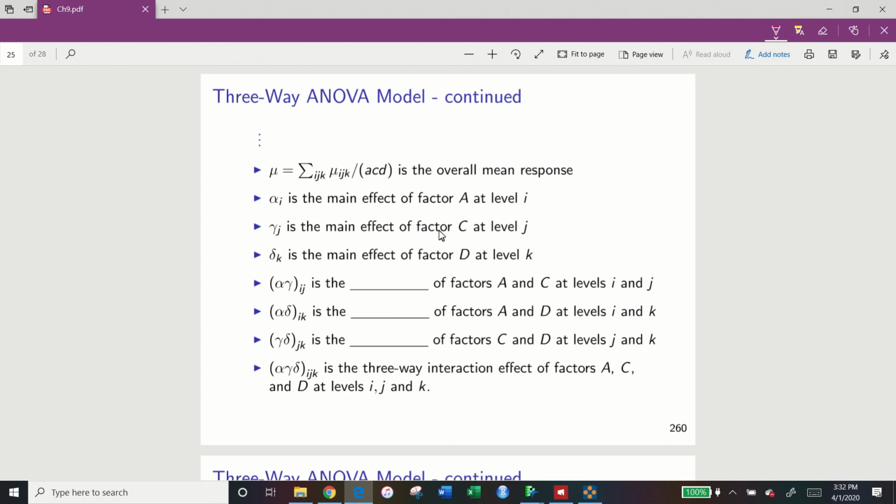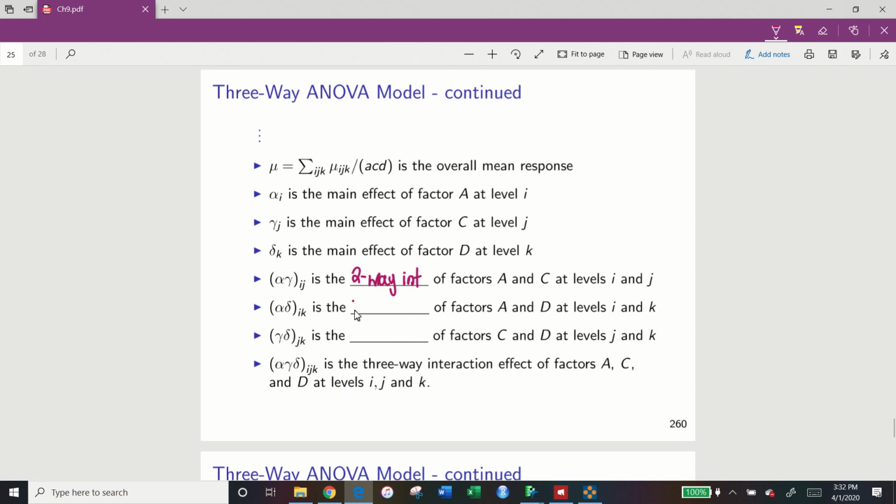So, alpha times gamma_ij is the two-way interaction effect of factors A and C at levels i and j. Alpha times delta_ik is the two-way interaction effect of factors A and D at levels i and k.